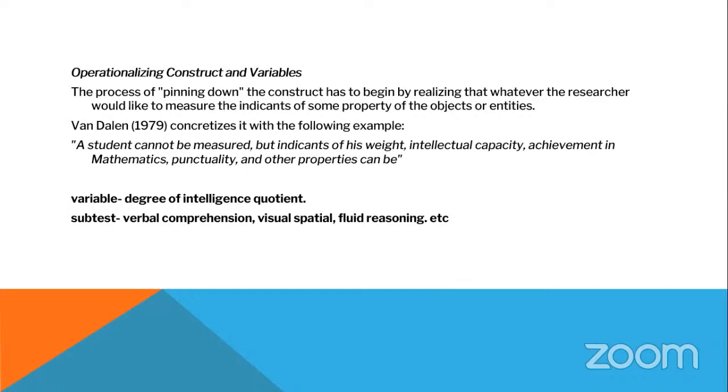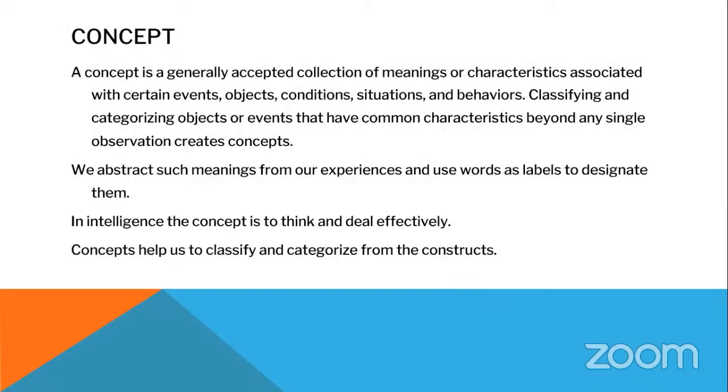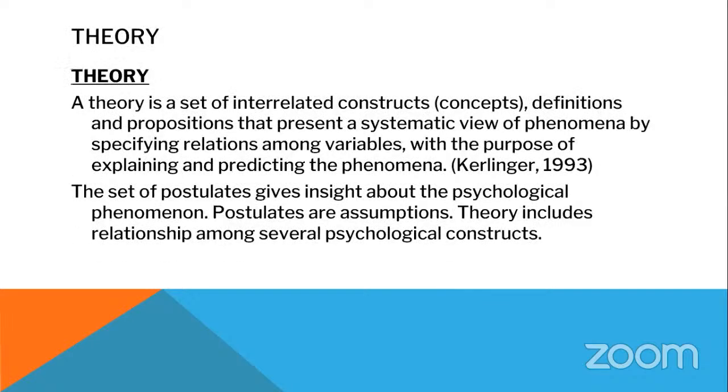It also includes measuring and testing. Then comes the theory. A theory is interrelated: we have all the constructs and concepts, and it gives a systematic view. Is that clear? Yes, ma'am. Okay. Any questions here?